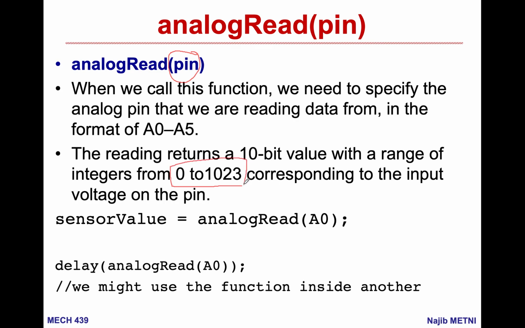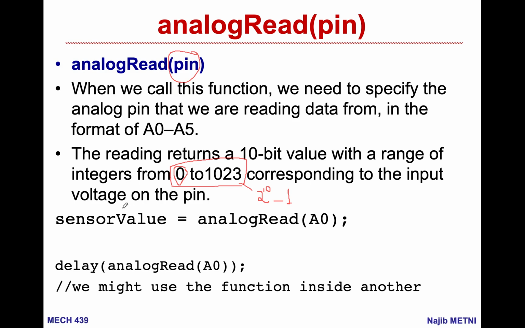Since we have 10 bits, it is between 0 and 2 to the power 10 minus 1, so 1024 minus 1, which is 1023. An output of 0 corresponds to 0 volt, and an output of 1023 corresponds to the high voltage input. Generally it's 5 volt. We'll see we can change this value.